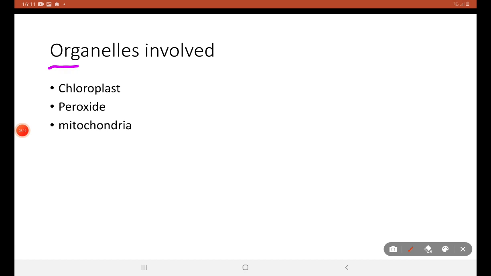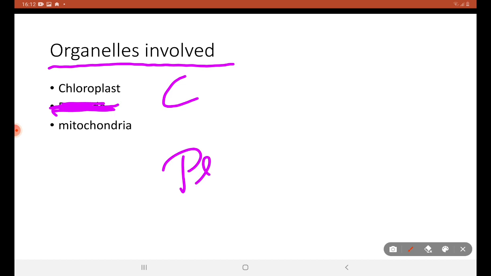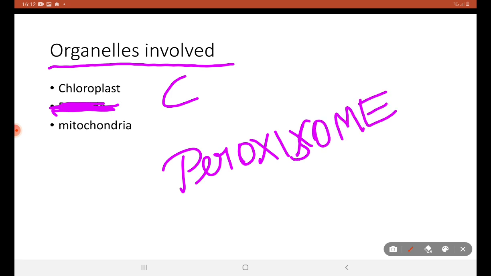What are the three major organelles involved in photorespiration? It includes chloroplast. Sorry, it is not peroxide, very sorry, we apologize for that. It is peroxisome, and mitochondria.